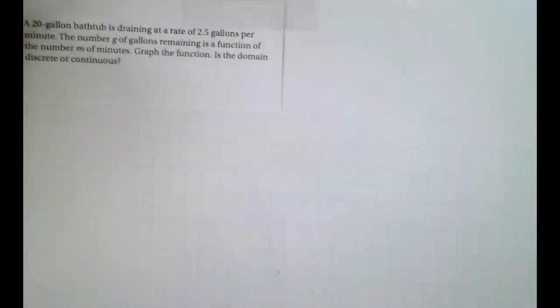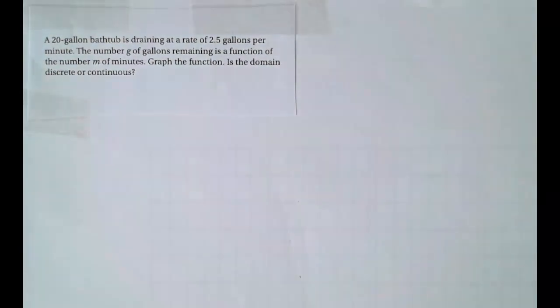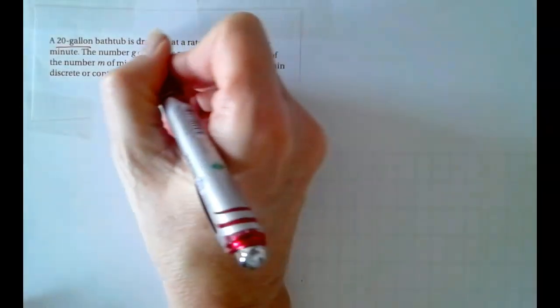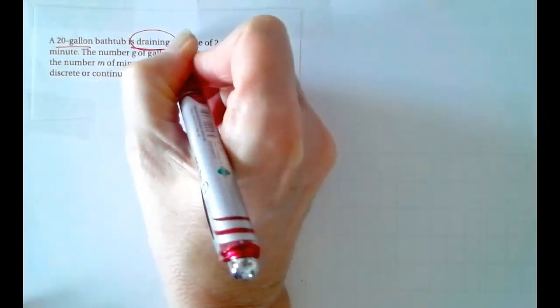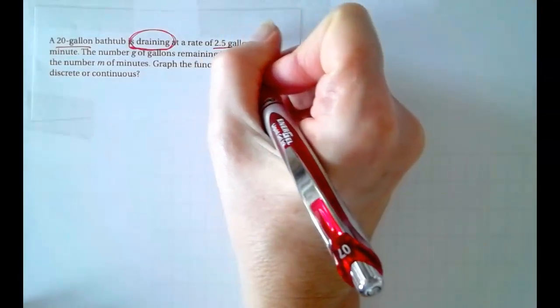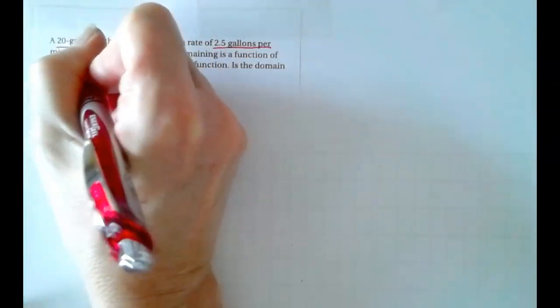Next, a 20-gallon bathtub is draining at a rate of 2.5 gallons per minute. So how big is our bathtub? It's 20 gallons. And we are draining the bathtub. That means the water is going out of the bathtub at a rate of 2.5 gallons per minute.